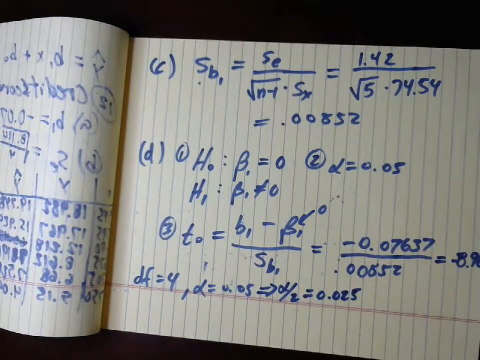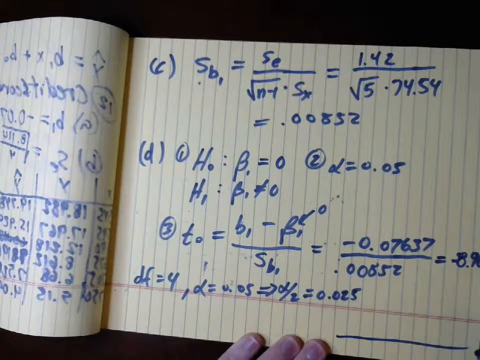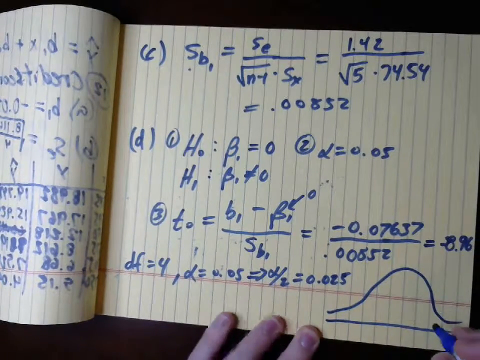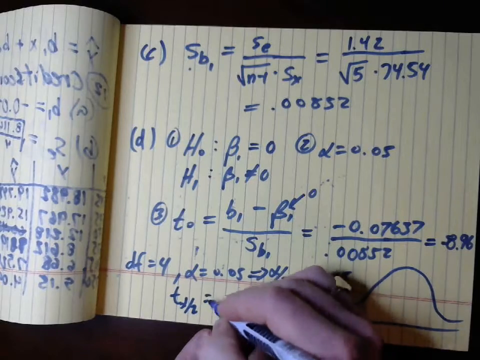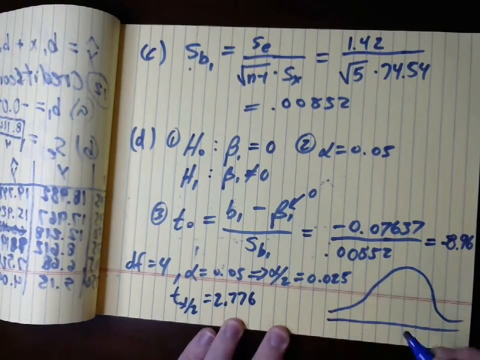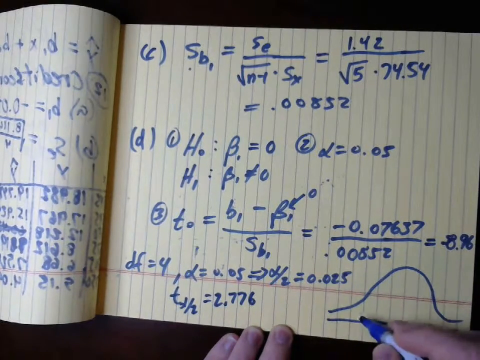It's a two-tail test. We've got to split up the tails into two equal sections. So I'm actually looking up this. 2.776. So just to see a picture, t sub alpha over 2 is equal to 2.776, looking up on our t-table.